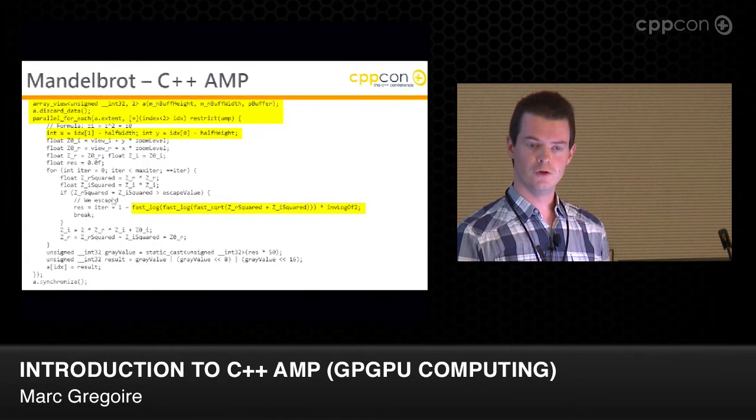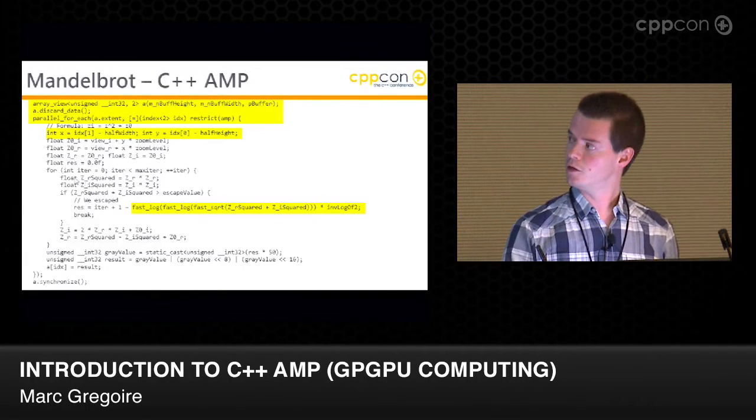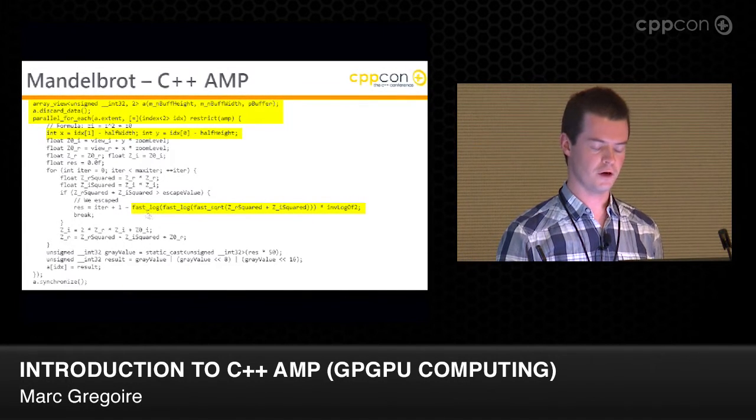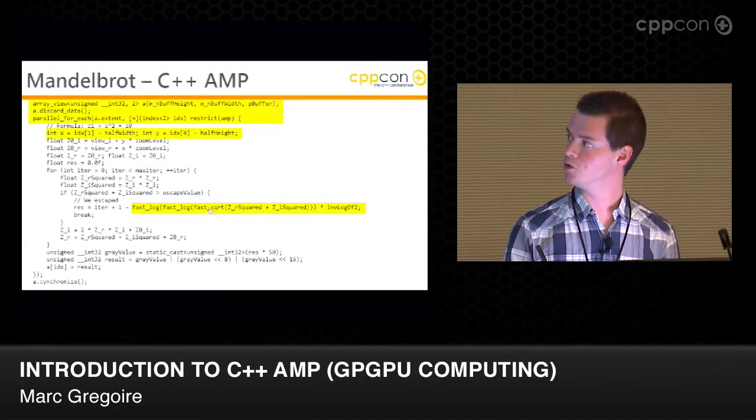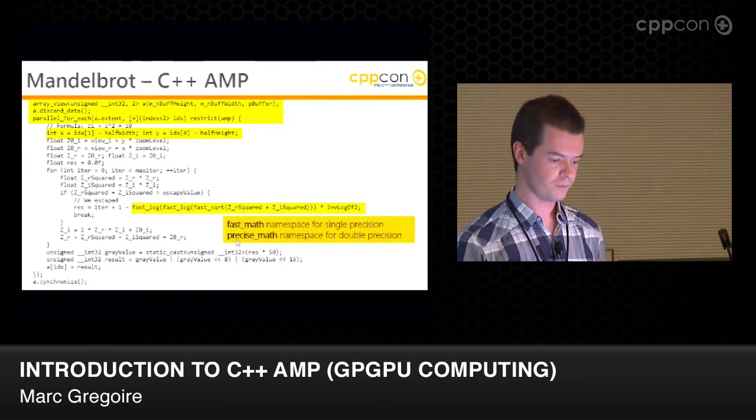Then you cannot use the normal mathematical functions like logarithm and square root. You have to use the C++ AMP version, so there are two of them. Here I'm using fast log and fast sqrt. Those are single precision versions of those functions. If you want double precision, then you have to use the ones from the precise math library.